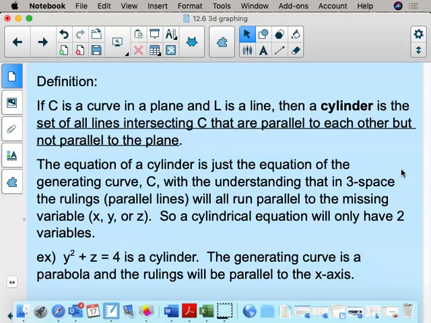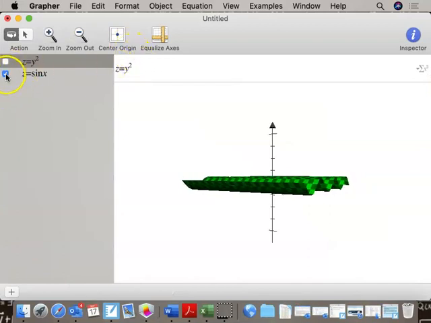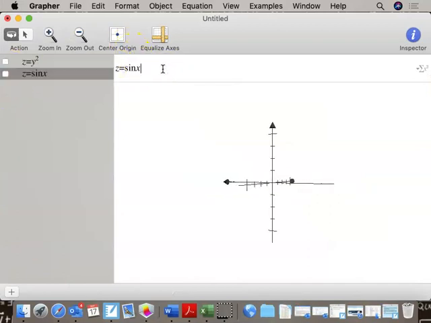So the equation of a cylinder is just the equation of the generating curve C. The last one was in the YZ plane because it was in terms of Y and Z. If you have a generating curve C, then when you graph it in 3 space, you automatically end up graphing the cylinder. So let's graph x equals y cubed.